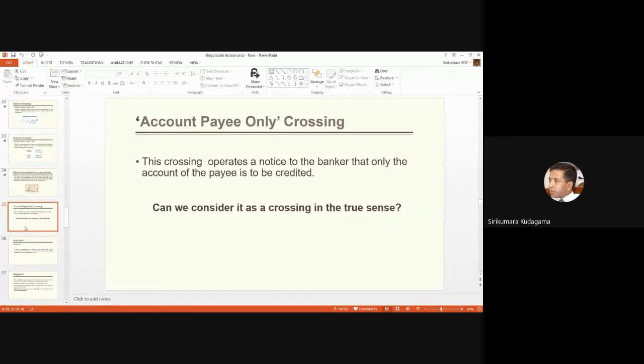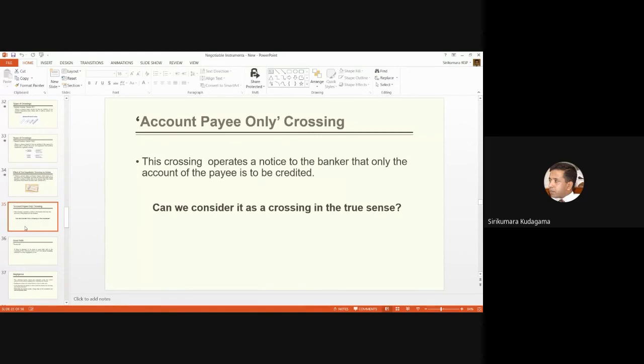So you are a little concerned, alerted about the presence of this particular crossing, which is not negotiable. If that is the case, you can be similarly alarmed by the account payee crossing as well. Someone is going to give you a check with a crossing account payee only. That person tells you, okay, I am going to endorse it to you. Will you be able to collect funds for that check?